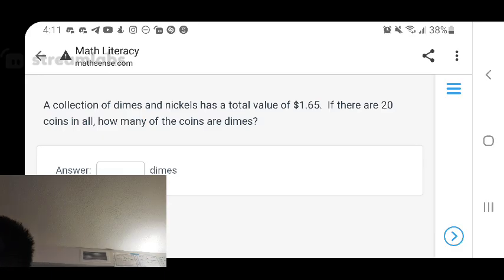Wait, I'm confusing myself so much. But 2 dimes and 1 nickel is 25 cents. Let me just figure this.